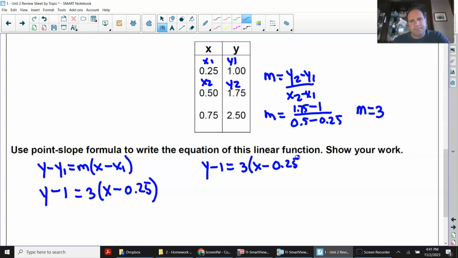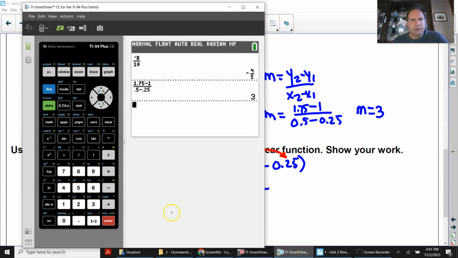So the first thing that I'm going to do is the distributive property. 3 times x is 3x. And 3 times a negative 0.25, I'm going to grab the calculator for this. 3 times negative 0.25. Let the calculator give it to you.